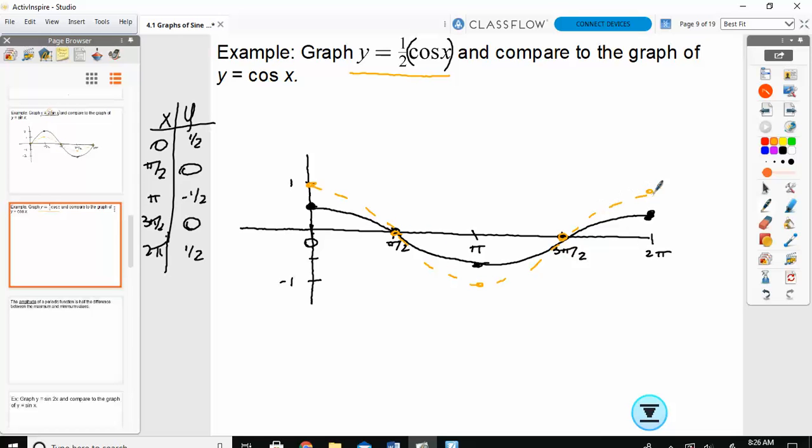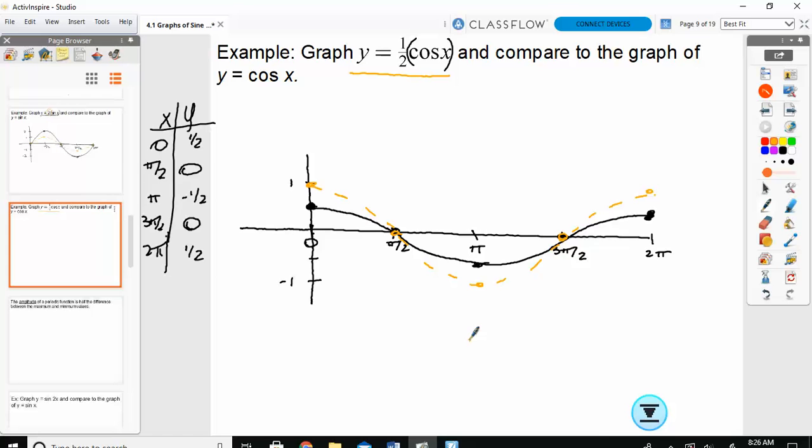It changed my highest point to 1/2 and my lowest point to -1/2. Okay, so this number actually has a name to it. It's talking about the height of our curve, that number out in front. So if there's nothing there, my height is 1. If it's a 2, my height is 2. If it's a 1/2, my height is 1/2.